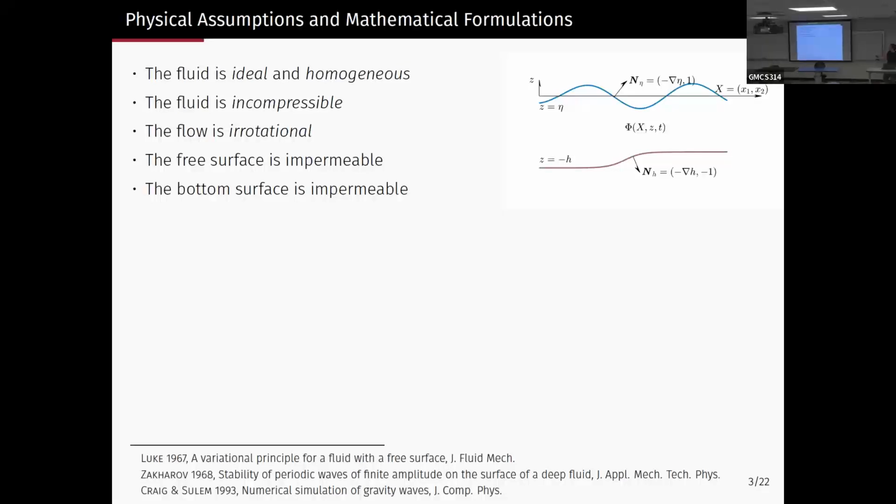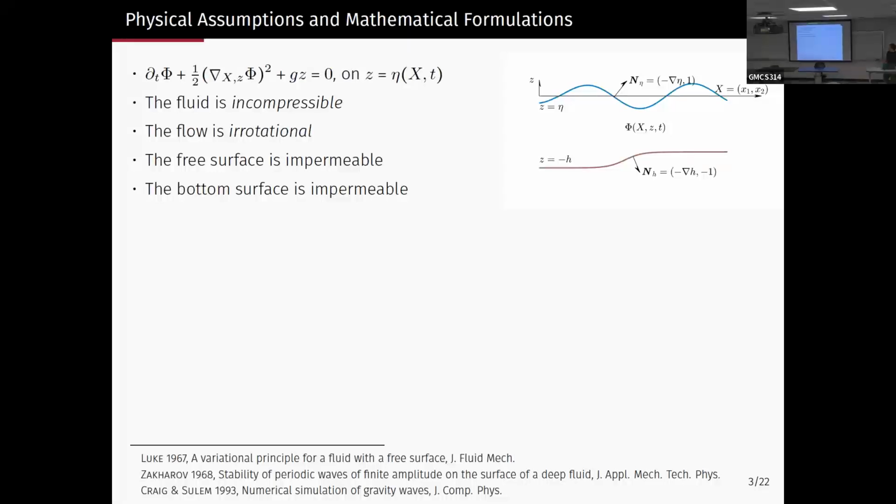We assume that our free surface is always a function, so we don't have overturns and stuff like that. The free surface is impermeable, meaning that if you have a fluid particle initially on the surface, it will remain always on the surface, and the bottom surface is impermeable as well. So you don't have transport between these two surfaces.